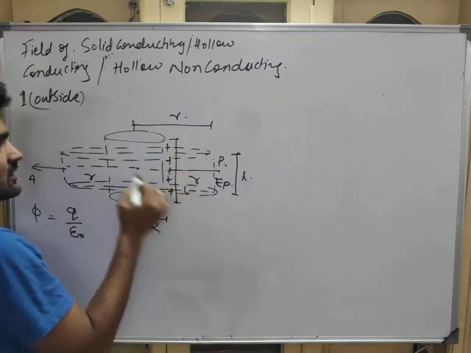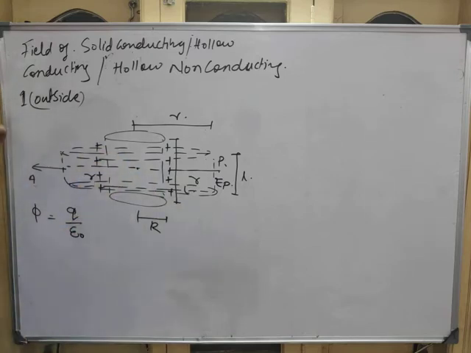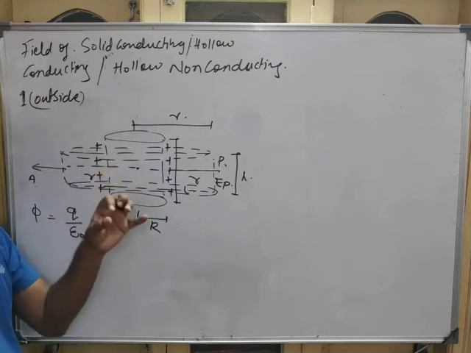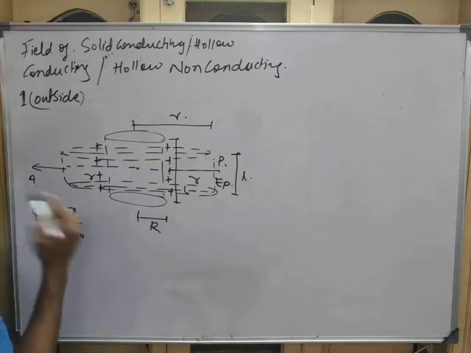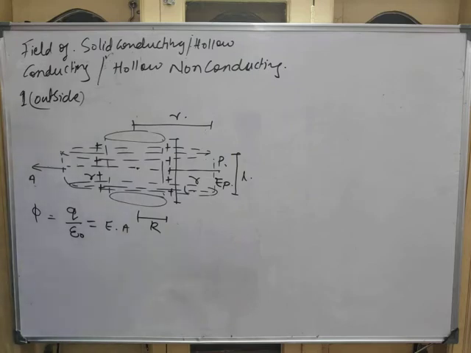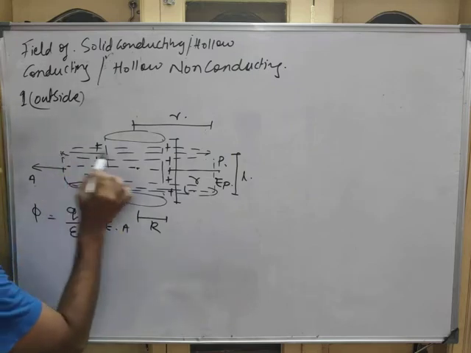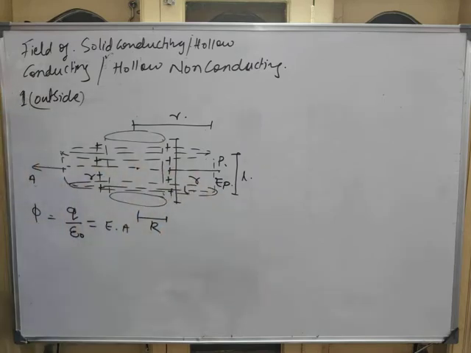As it is a solid conducting or hollow conducting or hollow non-conducting body, the charge is only at the surface. So it is equal to E dot A also. Which area will we take? The area of the imaginary cylinder which we created around the original geometry.